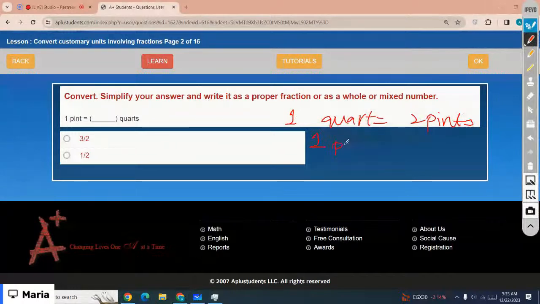So you are given a pint. You need to divide it by 2, so that would be 1 over 2. That means 1 pint equals 1 over 2 quarts. The correct option is 1 over 2.